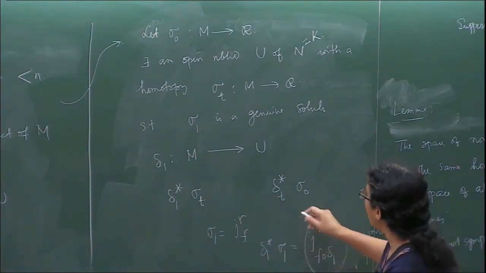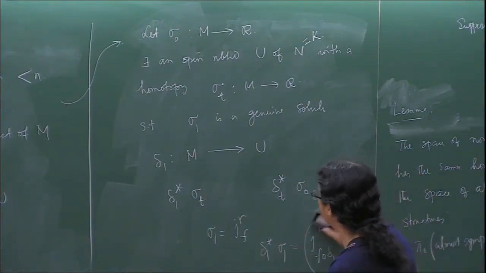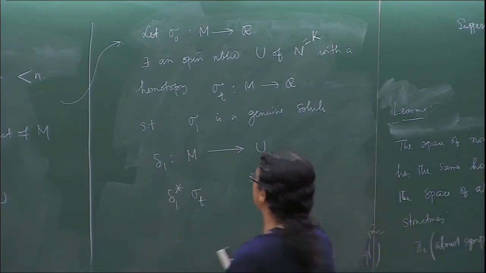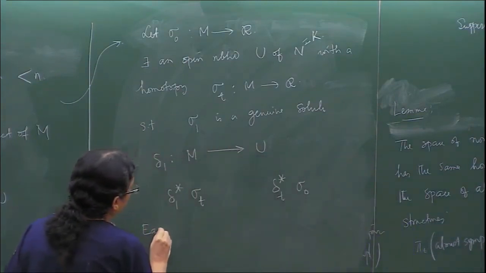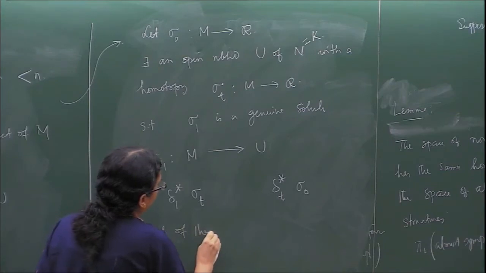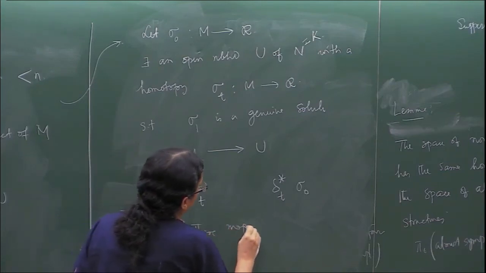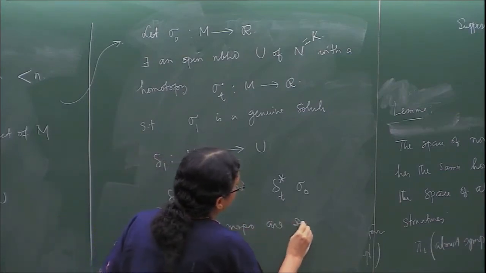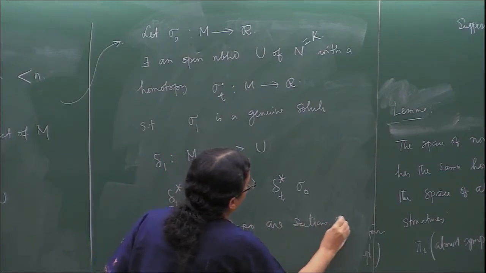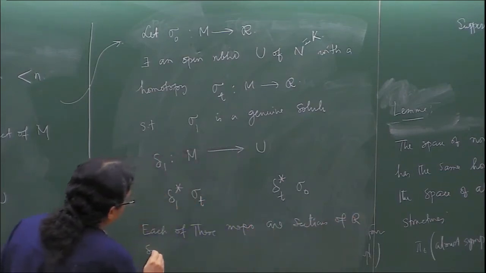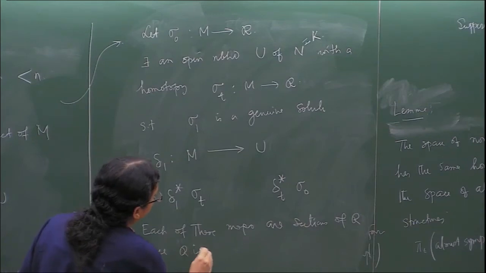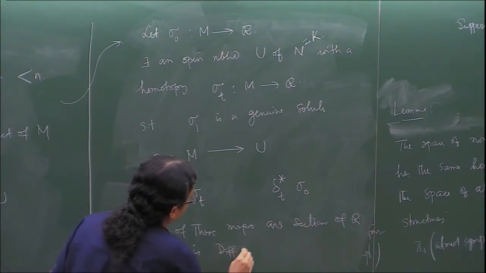Okay? And all these homotopies, each of these maps are sections of R since the relation is Diff invariant.